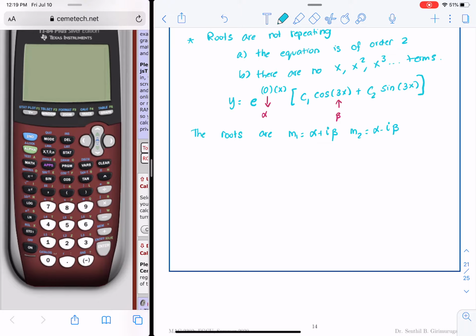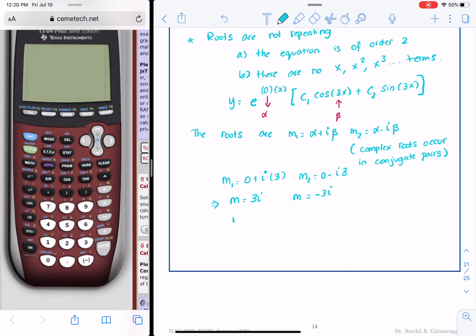So, of course, we're writing it that way because complex roots occur in conjugate pairs. So what are the roots? The roots are 0 plus i times 3 and 0 minus i times 3. So m equals 3i and m equals minus 3i.